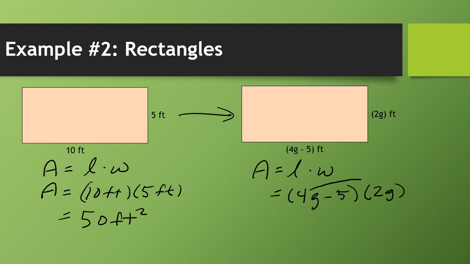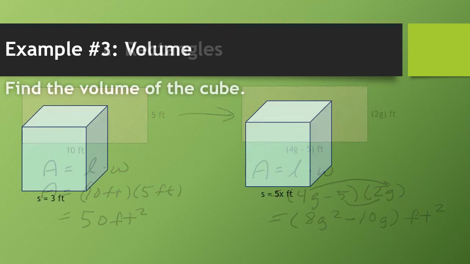So I'm going to take my 4g times 2g, which is going to give me 8g squared. And then I'm going to take my 5 times my 2g, bring down my negative, and I have 10g. And feet times feet is going to give me feet squared. Same exact process, but now I just have a monomial times a binomial instead of two numbers.